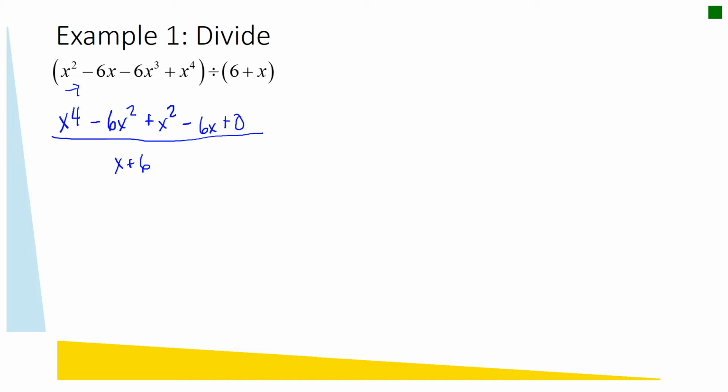So in my synthetic division, negative 6 is going to go in the box. And I'll take the coefficients of all these terms of my dividend: 1, negative 6, 1, negative 6, and a 0. Now I'll bring down that first one, and I'll do 1 times negative 6 is negative 6. Negative 6 plus negative 6 is going to give me negative 12.